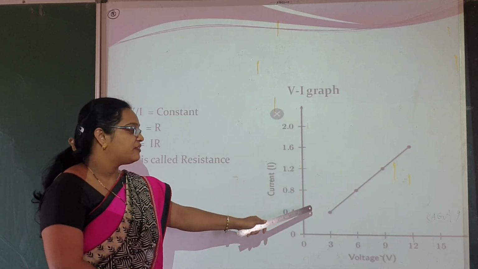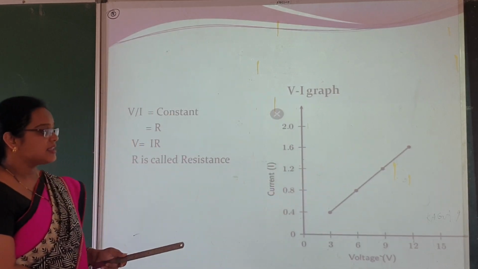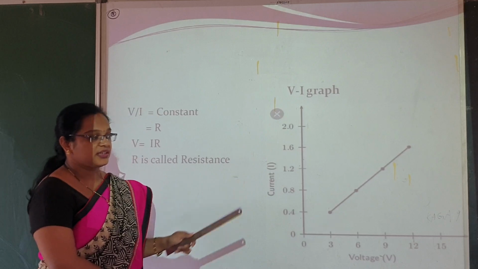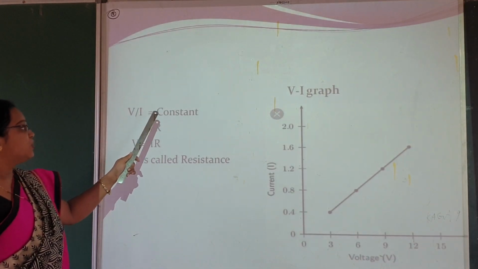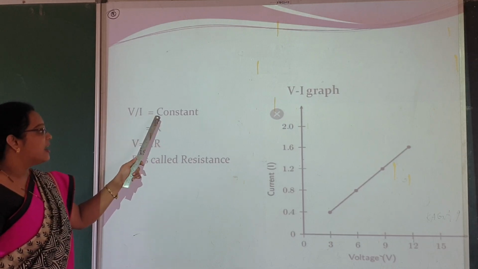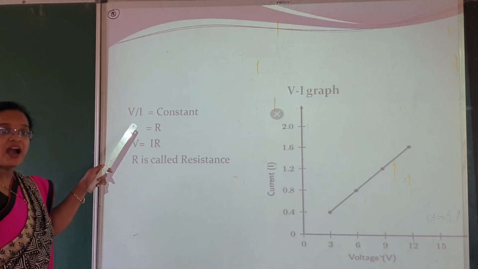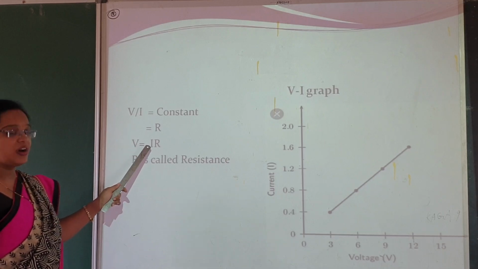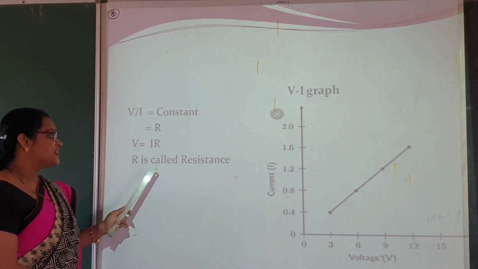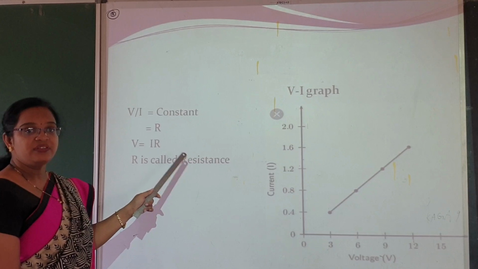The VI graph shows a constant increase, and we get a straight line. So V by I is equal to a constant. We write that constant as R. So V is equal to I into R. That R is called the resistance of the wire.